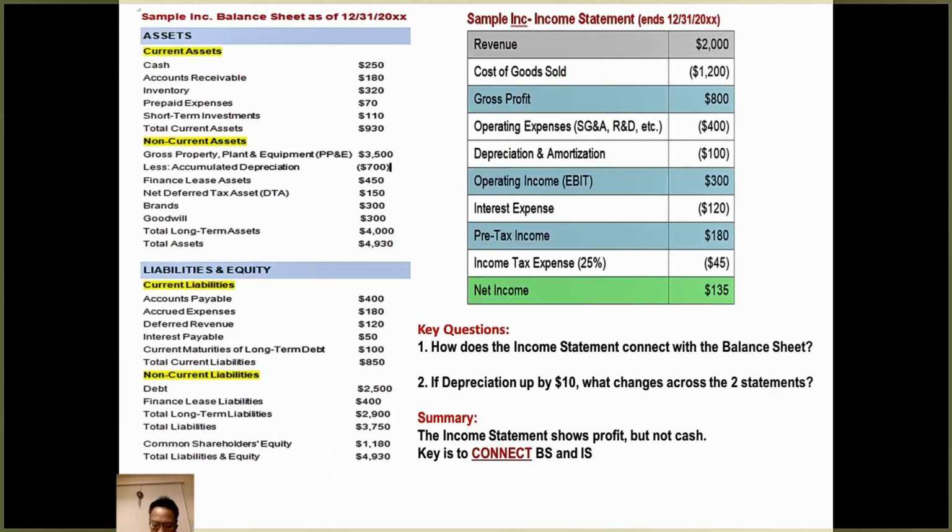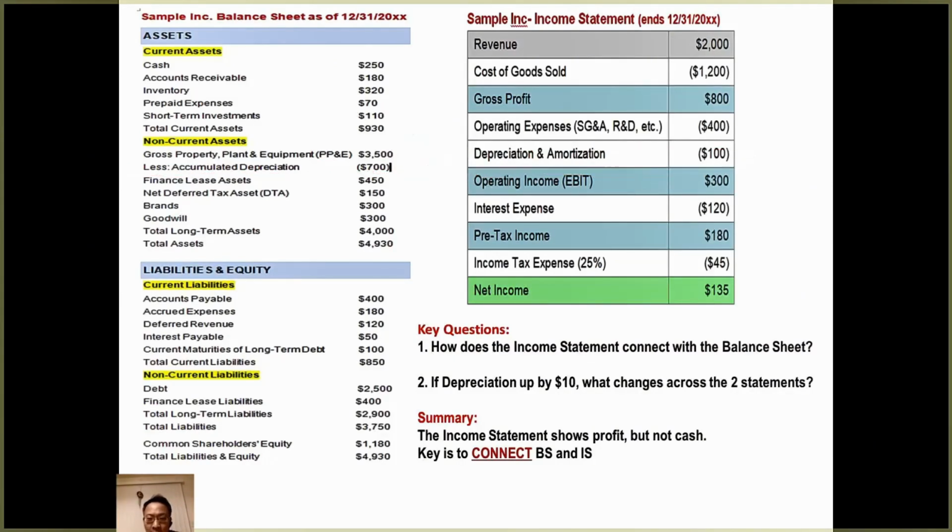Now, another more subtle, more hidden connection is here, called depreciation and amortization. Generally, especially this part, it usually flows back to what's called accumulated depreciation. In other words, at the end of last year, it might have been 600, and now there's an extra 100 in depreciation. So, adding it up, the total accumulated depreciation becomes 700.